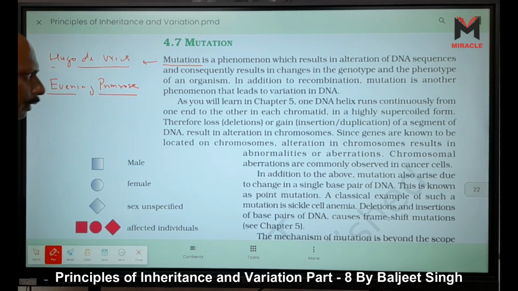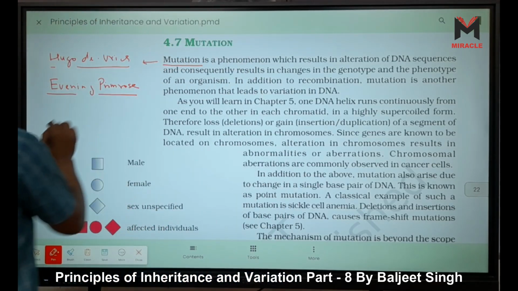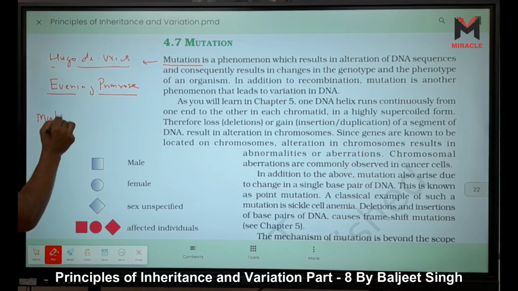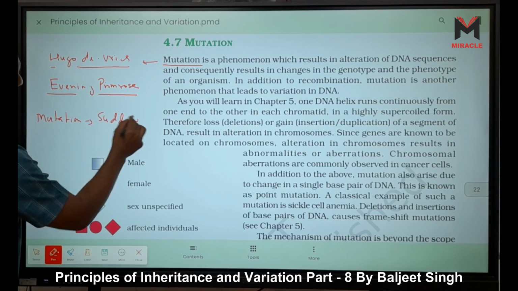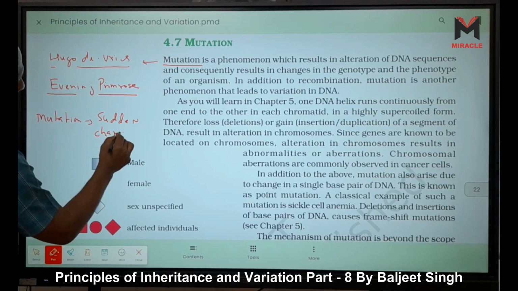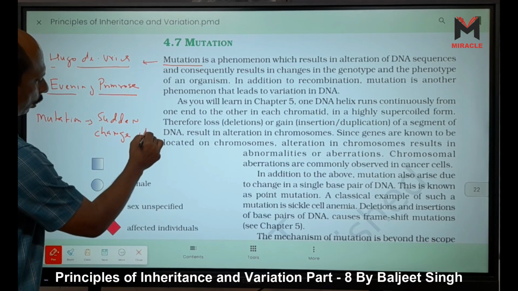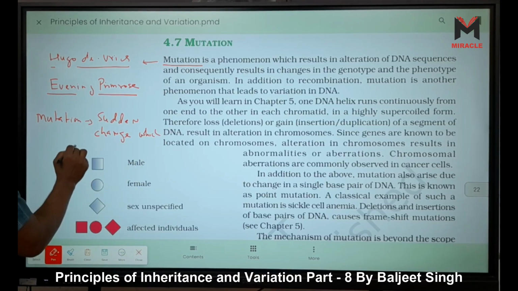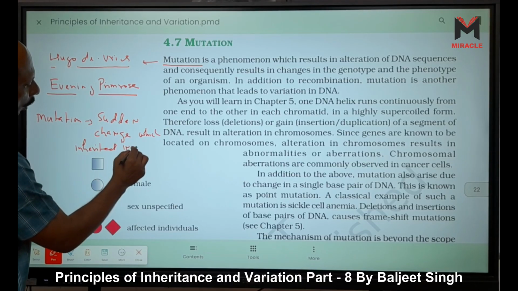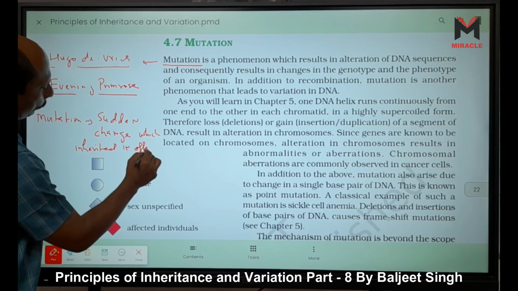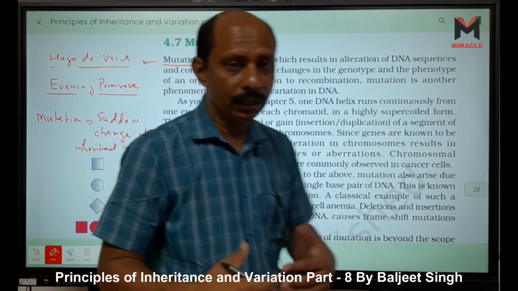Mutation is referred to as a sudden change which is inherited in offspring.